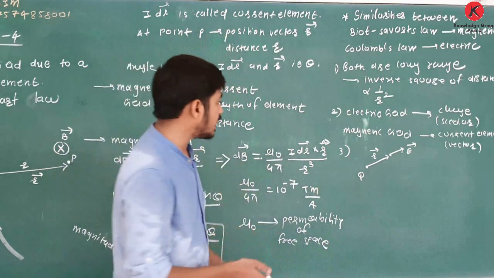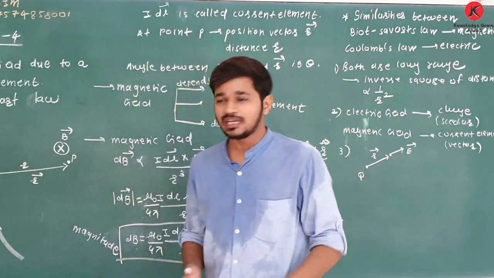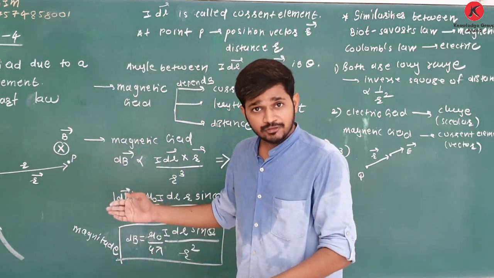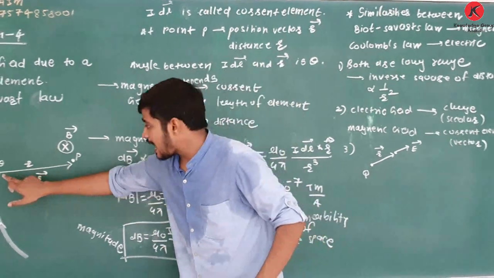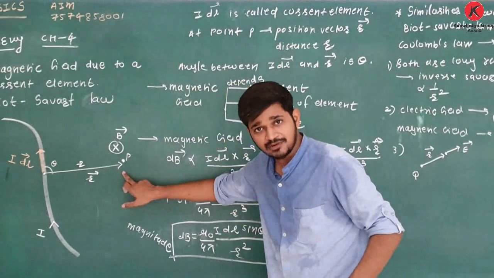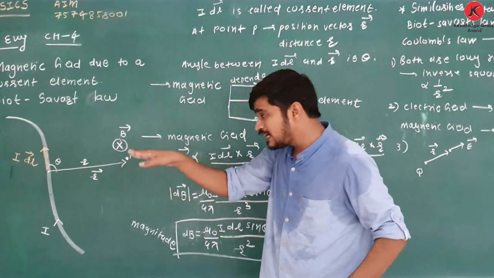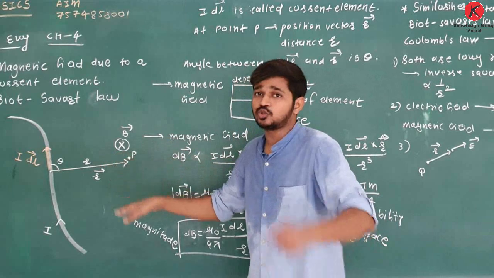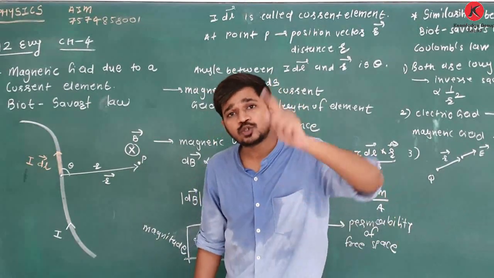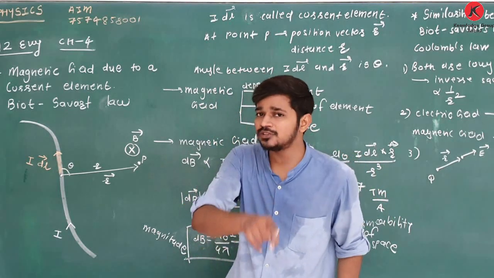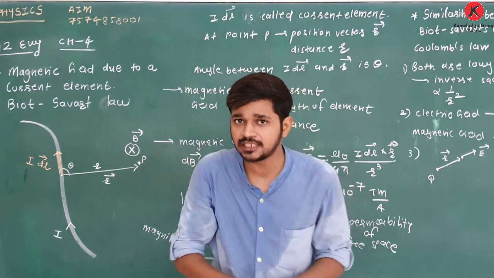Why? In case of magnetic field, see here, r is in this direction, the position vector, and the magnetic field is perpendicular to it. So yes, remember this third point about direction.